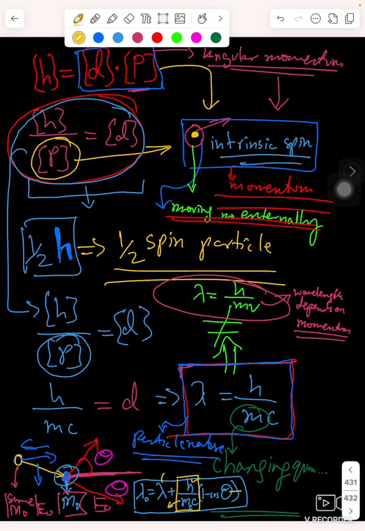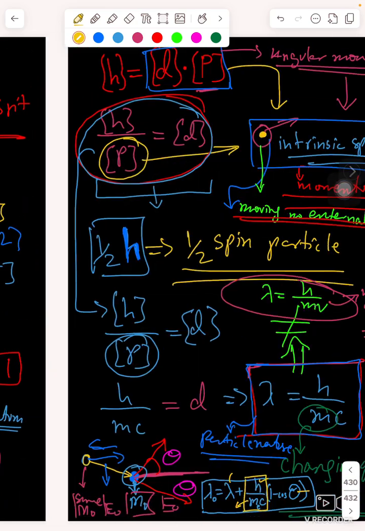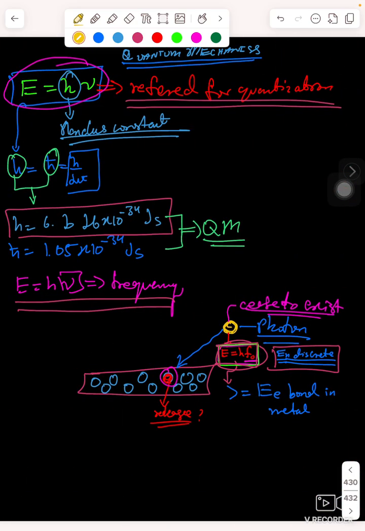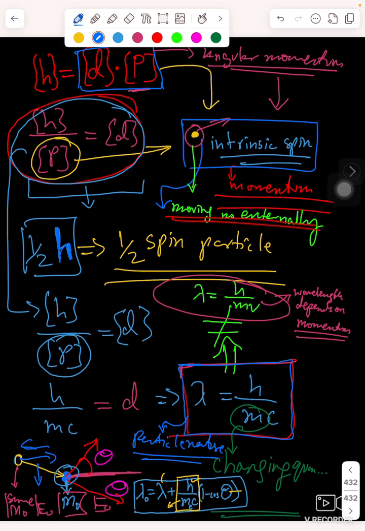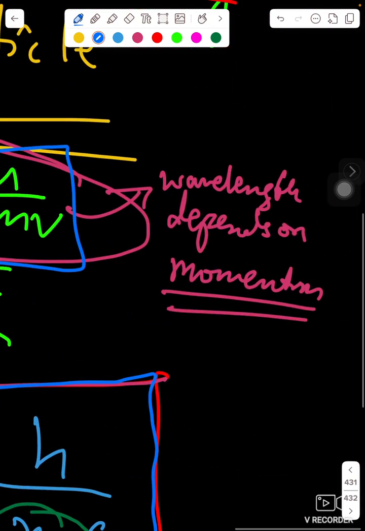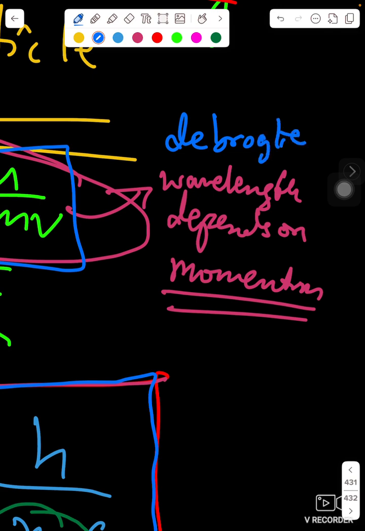Now, is there something I'm missing? Yeah. So one last thing I want to talk about is, remember I told you about this equation, which is known as the de Broglie equation.